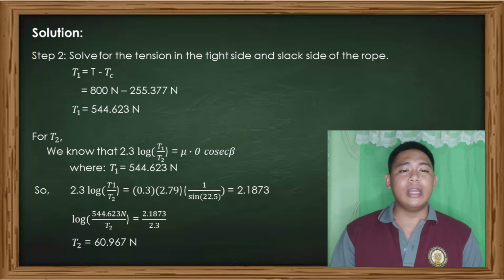So 2.3 log of T1 over T2 equals 0.3 times 2.79 times cosec, or 1 over sine, 22.5, which is equal to 2.1873. So log of 544.623 Newton over T2 is equal to 2.1873 divided by 2.3. So the value for T2 is equal to 60.97 Newton.